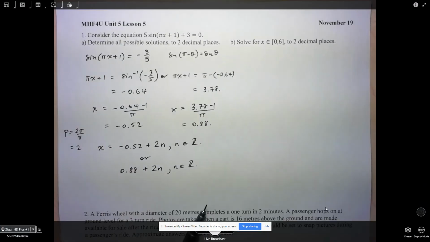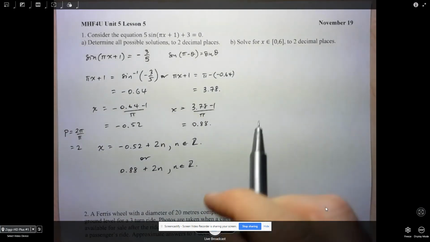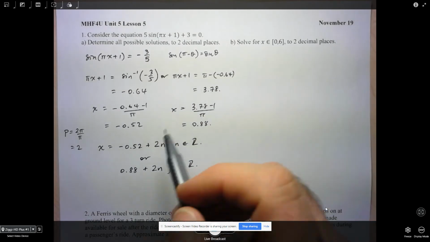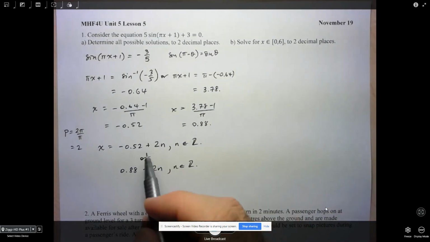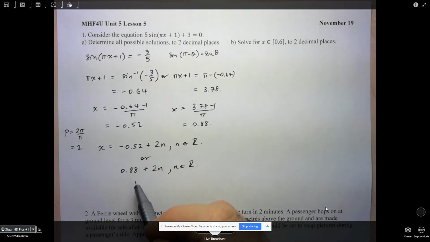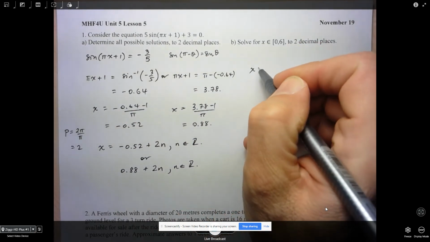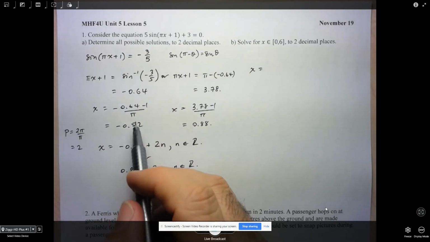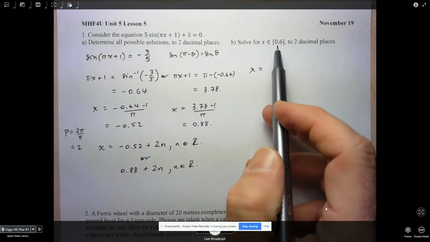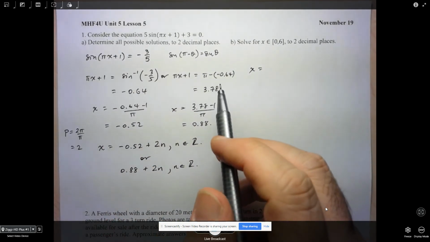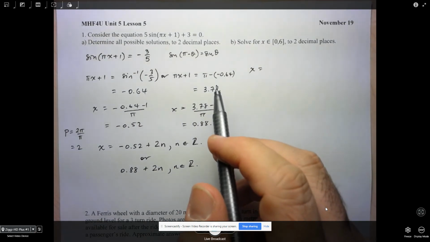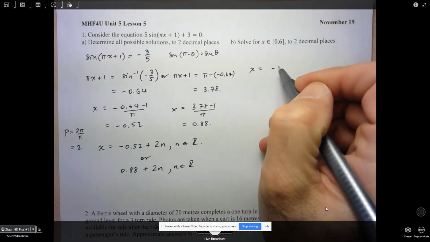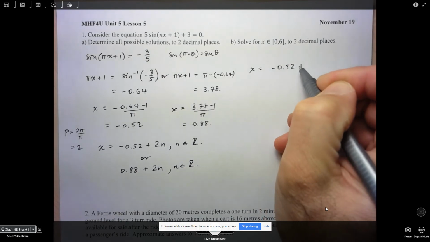Okay, so let's answer part B. Now that I have a specific range of values, I'm going to start determining based on these expressions. First and foremost, I'm not going to take negative 0.52 because it is not in that range. But I can take negative 0.52 plus 2.